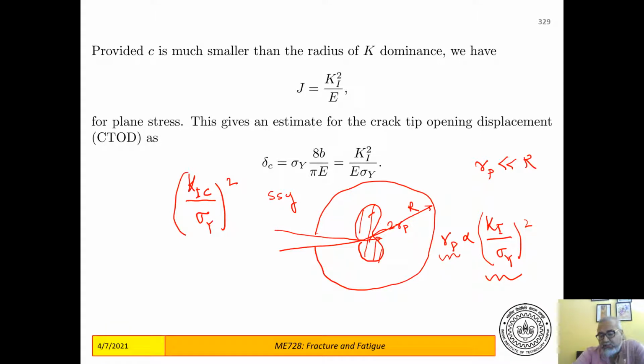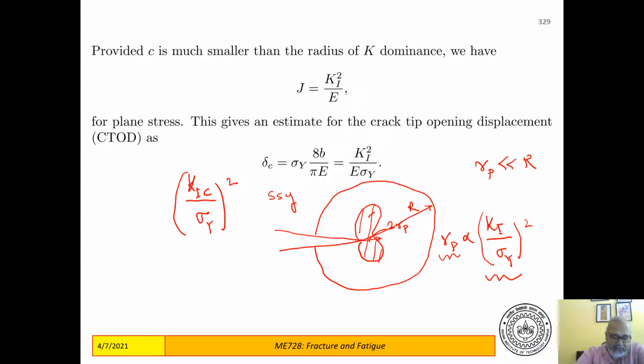So there must be a plastic zone. But even when there is a plastic zone, if small scale yielding assumptions are valid, then a K1C can be determined. Though K1C is a LEFM concept, it can still be determined when there's a plastic zone, provided small scale yielding assumptions are valid. So that is what we will check first.